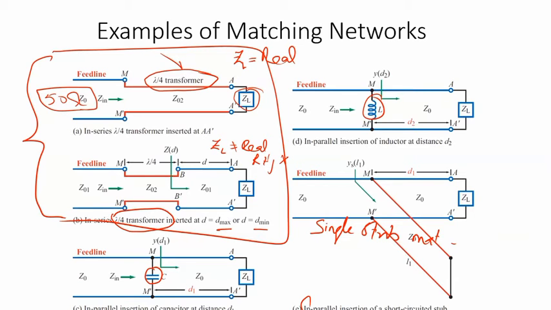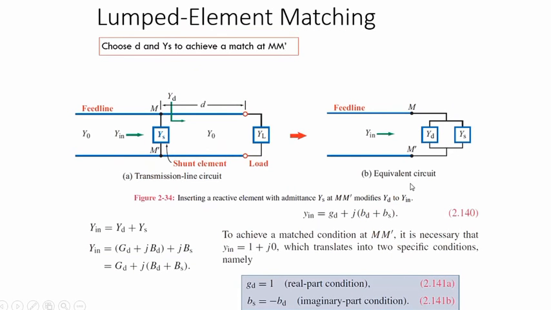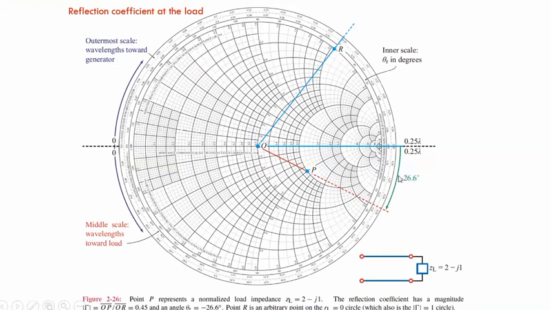Hopefully we will be discussing this single stub matching as well. Now we will go to the lambda by 4 transformer first, but before that we have to go through certain concepts again.